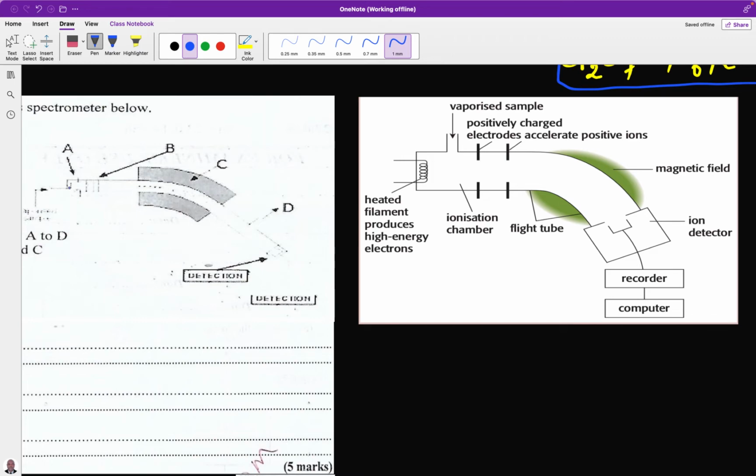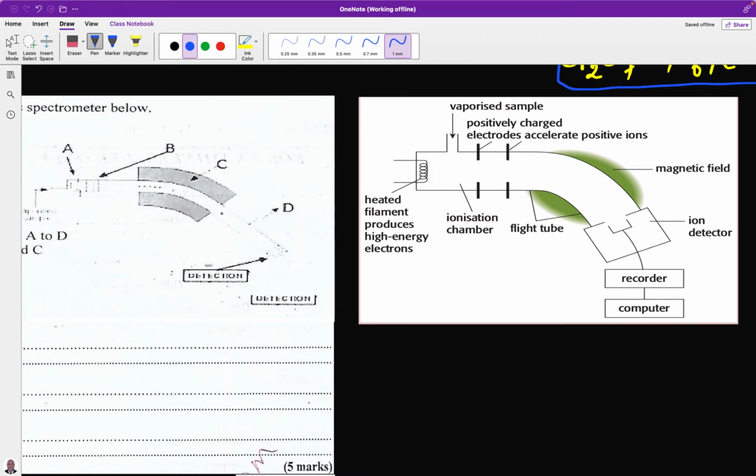These are vaporized sample that will enter here. Now, after the vaporized sample, B is what? B, we call them the positively charged electrodes, or the positively charged plate. These are the positively charged electrodes or plates.